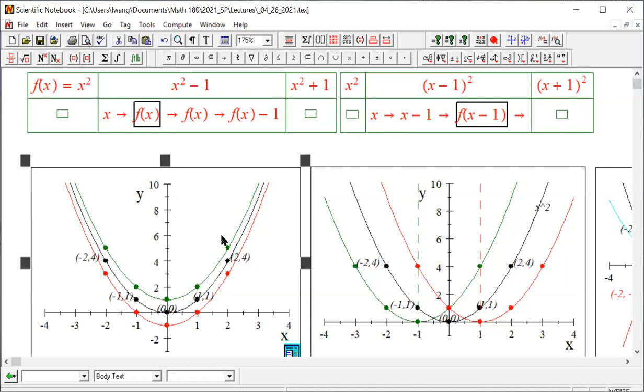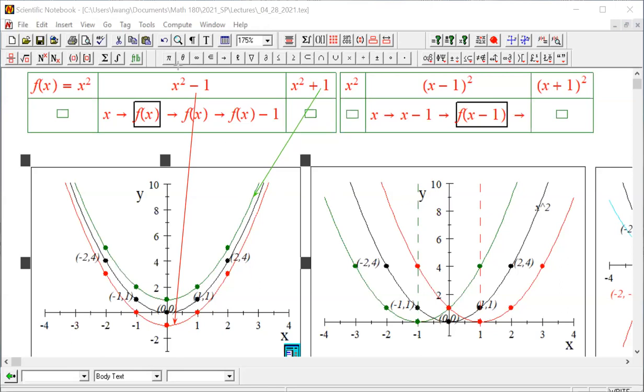You guys remember these? X squared minus 1 is the red, right? X squared plus 1 is the green, right?